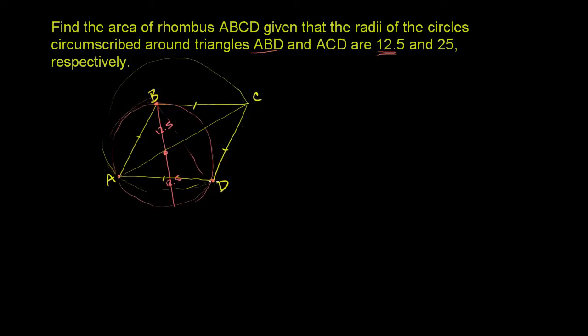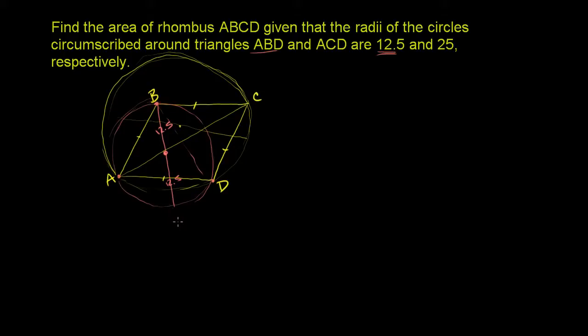The whole point here isn't trying to draw a circumcircle, but it's a circle that will go through those 3 points, and it has a radius of 25. Fair enough. Now, we will need to figure out the area of rhombus ABCD.